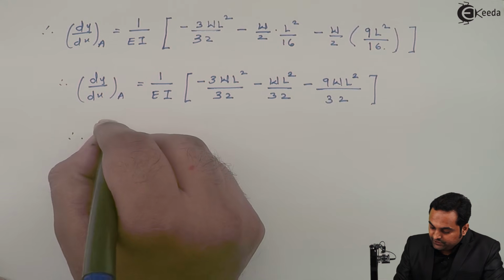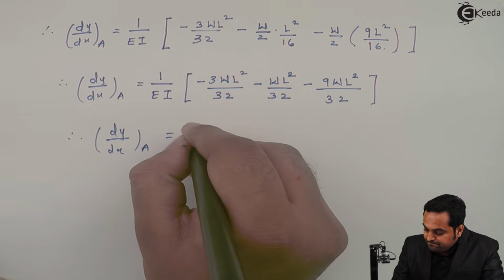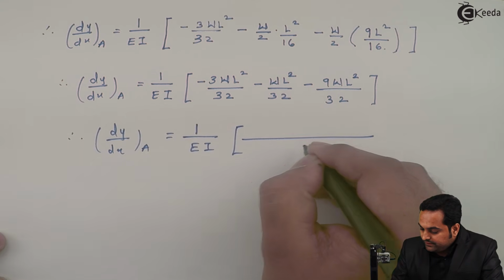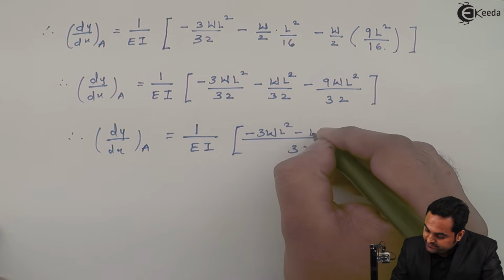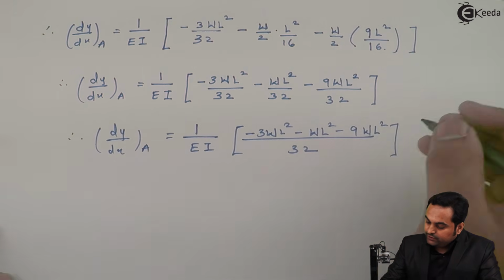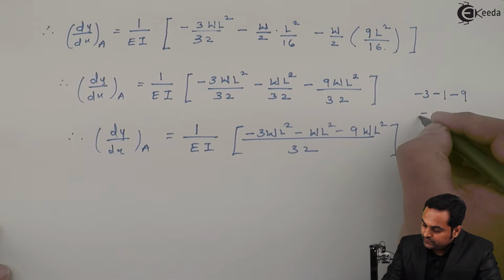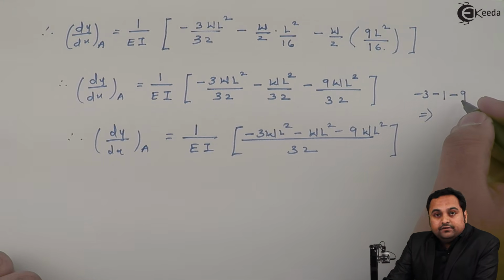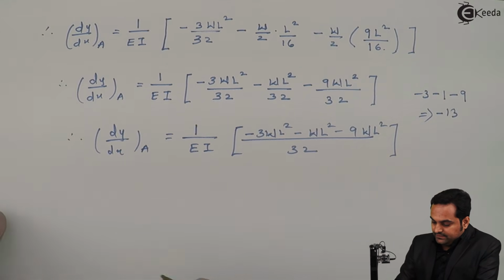So on further simplification, dy by dx at A will be 1 upon EI, 32 I can take common in the denominator, so minus 3 WL square minus WL square minus 9 WL square. So here we have minus 3 minus 1 minus 9. If I add the terms here, 3, 1, 4 and 9, that becomes 13. So here we have minus 13 as the answer.